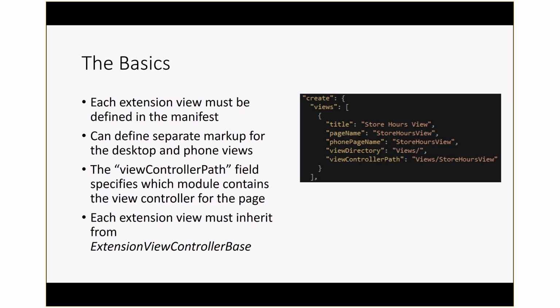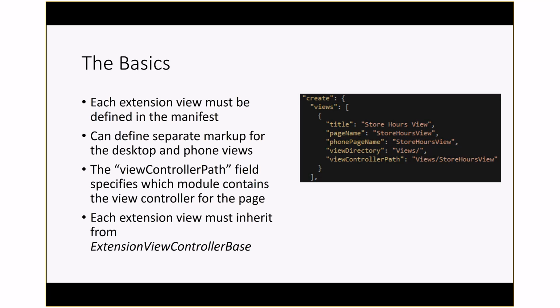Each extension view will be defined in the manifest under the create and then views node. There's a collection where each extension view will be added. Each extension view manifest item will contain a title for the view, the page name, the phone page name.